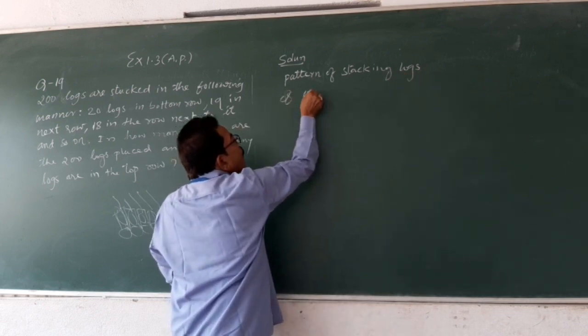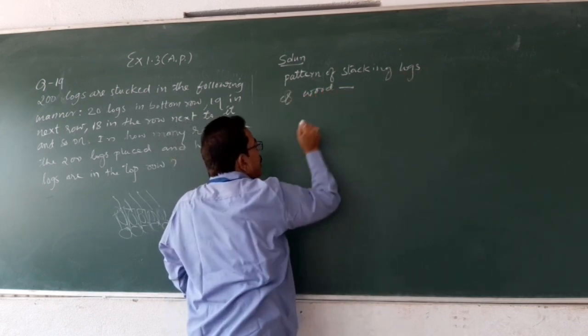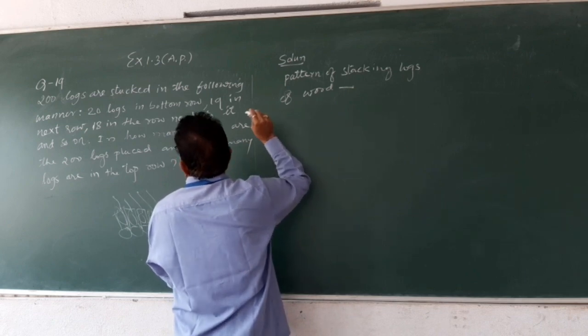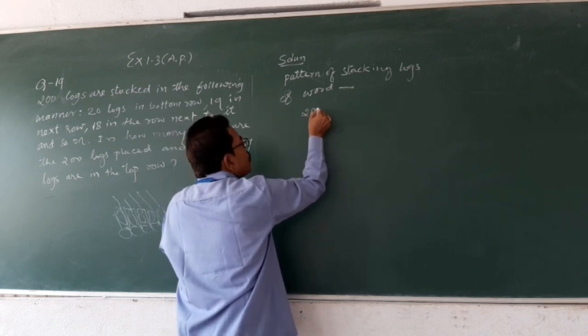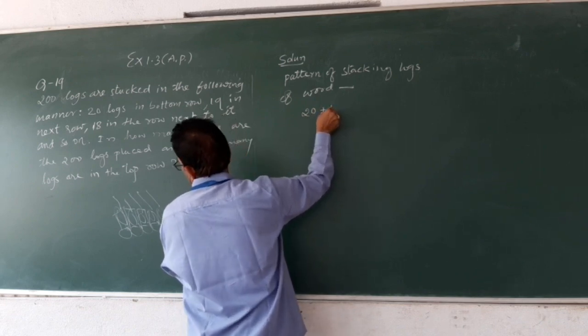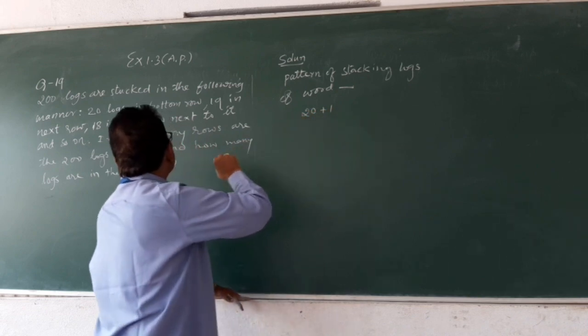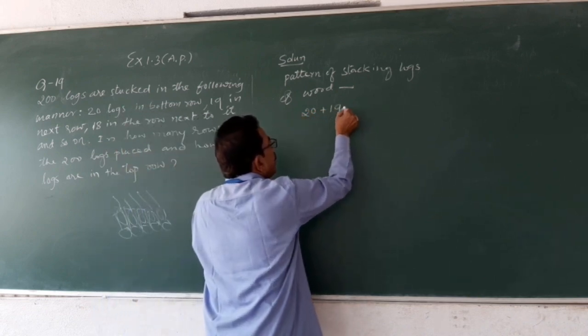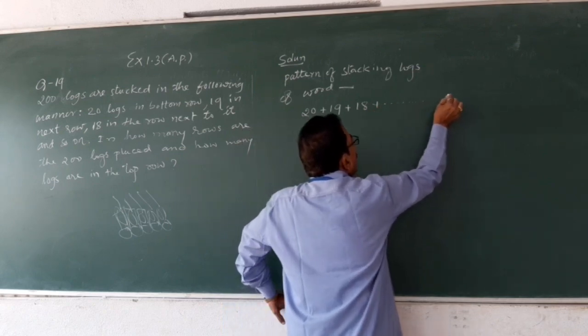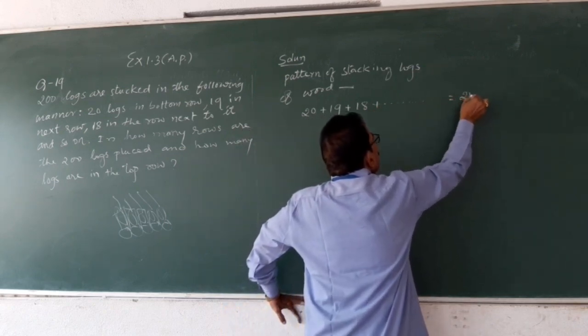The pattern of stacking logs of wood: in the bottom row, that is 20 logs, second 19, then 18, and so on, that is 200.